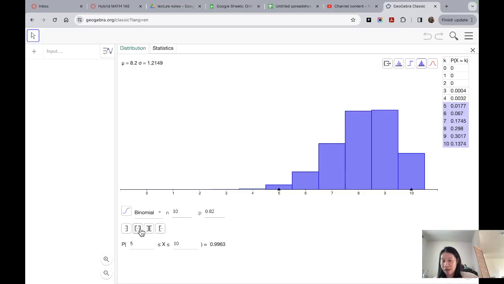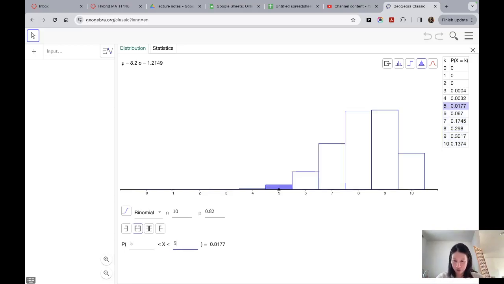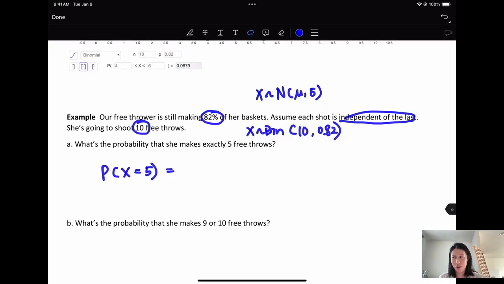But we want it to be exactly equal to 5, so x less than or equal to 5 and x also greater than or equal to 5. That makes x equal to 5. And then you will see the chart here, the highlighted part is equal to 5, and the area of this is going to equal 0.0177.